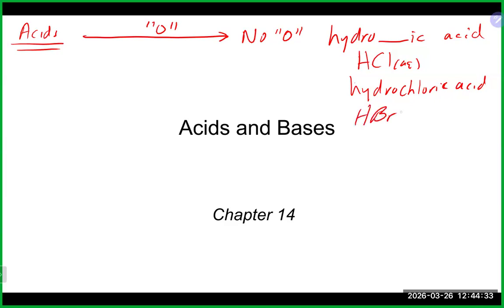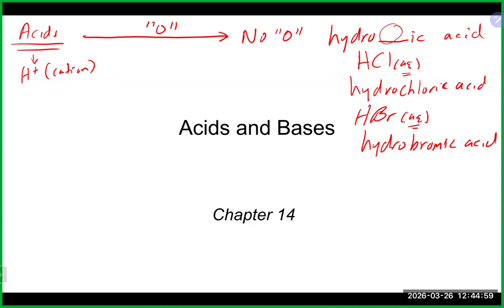HBr in the aqueous form, which is typically what you find acids as, and you typically put the aq symbol next to it, that is hydrobromic acid. The cation for all acids is H+, the positive guy for all acids. The negative guy is the missing part there, the anion part of it.